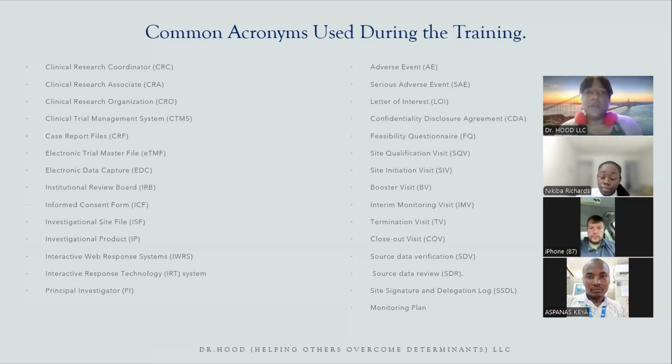And based on the institutional review board the site uses, the IRB, some serious adverse events have to be reported to them as well. Not all of them, so you have to read their criteria to find out which ones need to be reported. But it's usually the ones related to the investigational product. So if the PI feels that this serious adverse event occurred because of the drug, then that needs to be reported to the IRB.